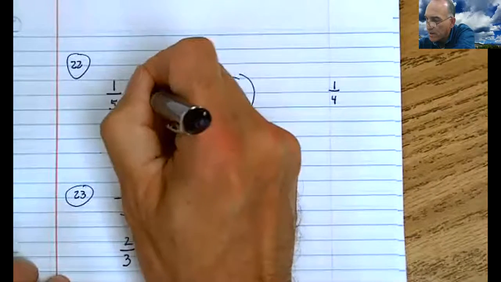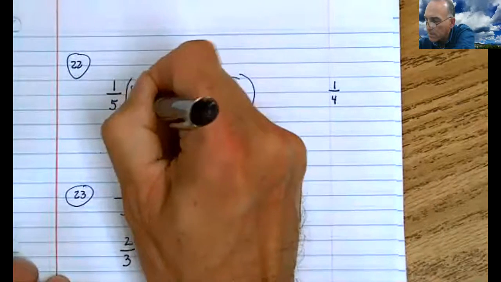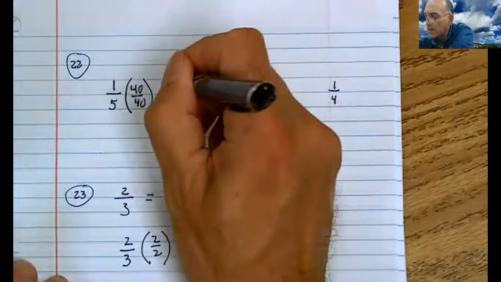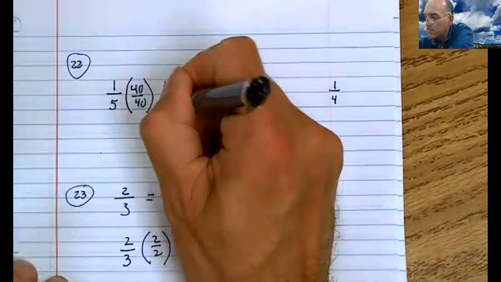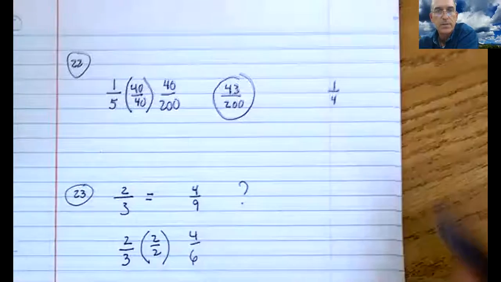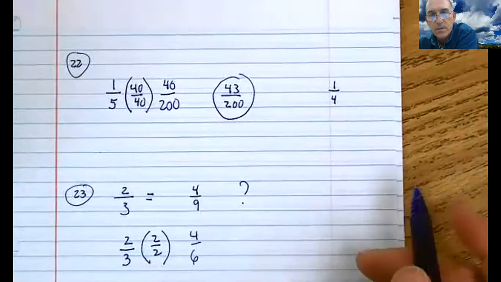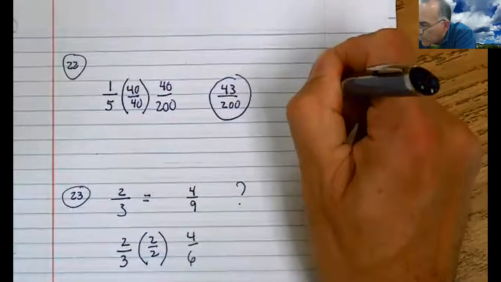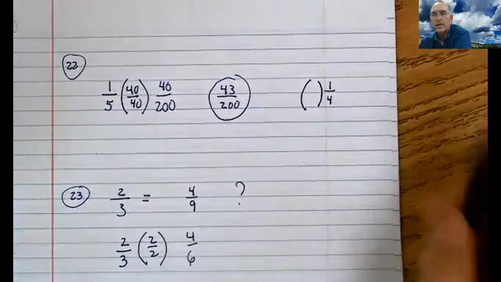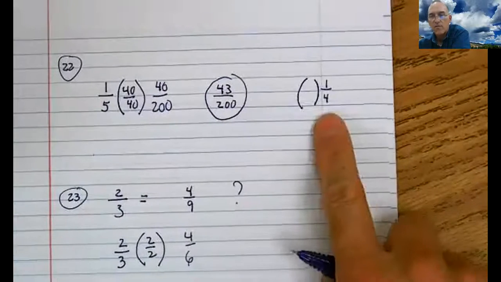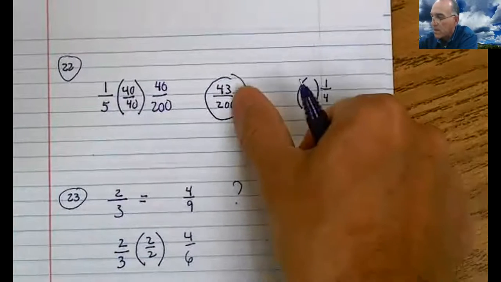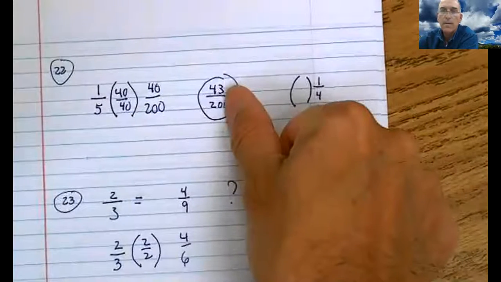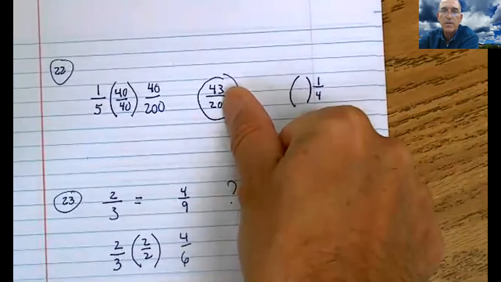5 became a 20 by multiplying by 4. It'd be 40. So if I do that, what do I get? 1 times 40, I get 40/200. Look at the magic. Let's go the other way. If I come over here, I'm going to try the same thing again. Let me get the pen out of the way. How could the 4 go into 20?